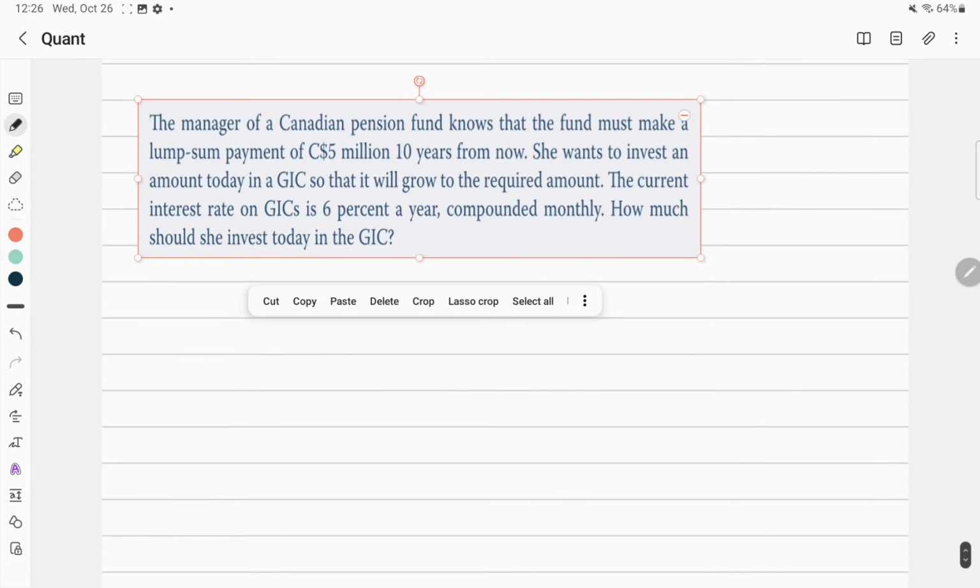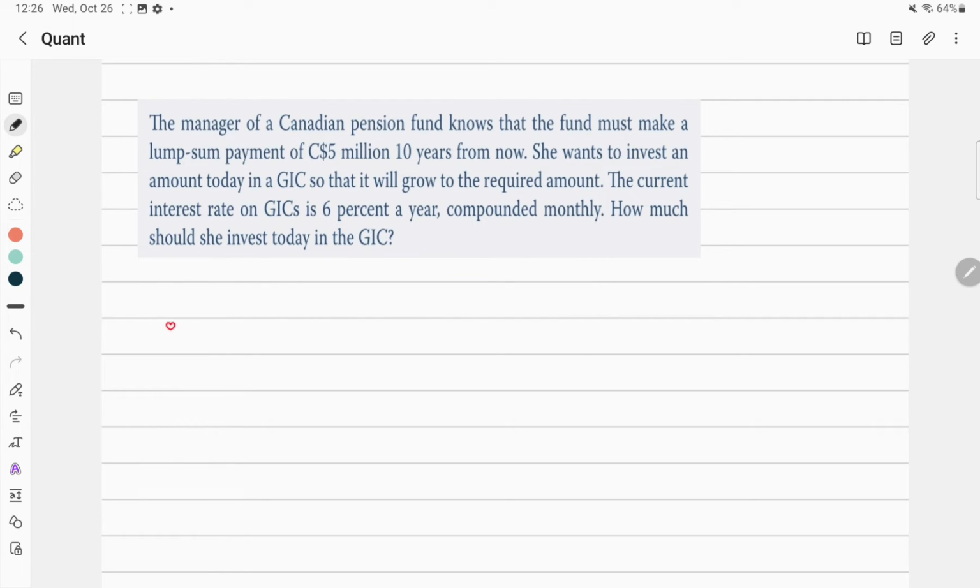There's a manager of a Canadian pension fund, right? There are people who are investing their money in this Canadian pension fund.